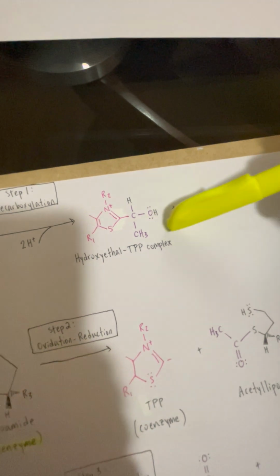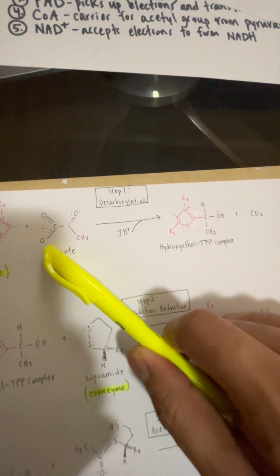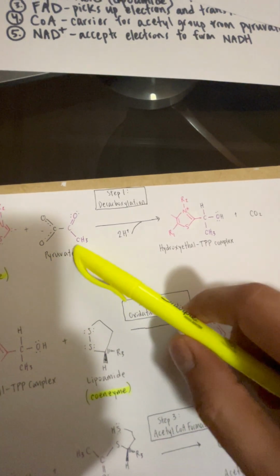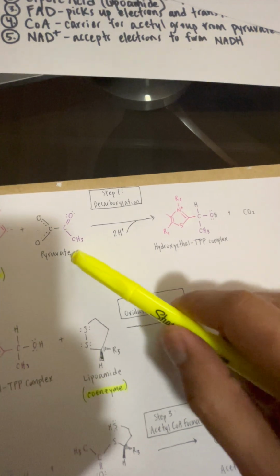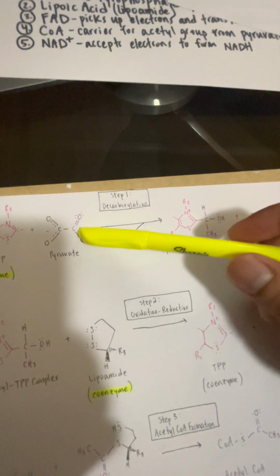And I've color-coded these here so you can follow along and see where exactly our carbon dioxide product comes from, along with the acetyl component that will eventually lead us to our acetyl-CoA product.